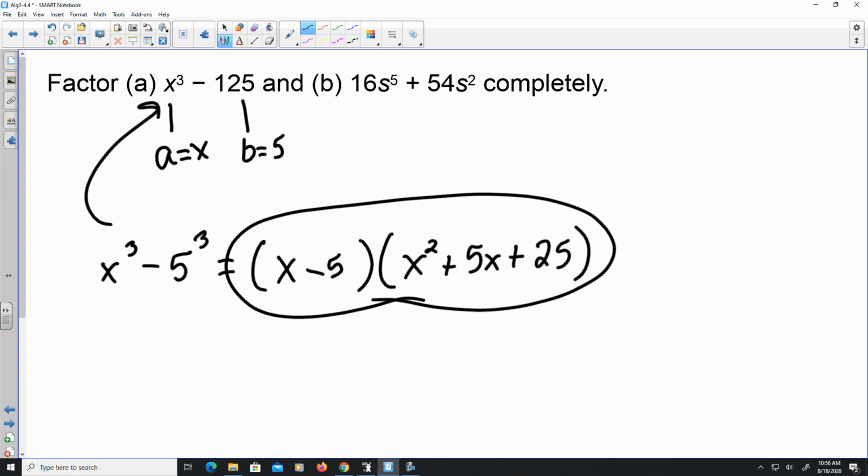If you look at B here, I have 16s to the fifth plus 54s squared. In this particular problem, we can actually factor out a single value.